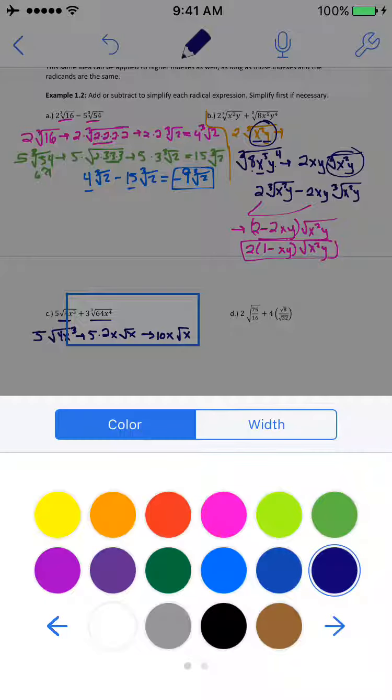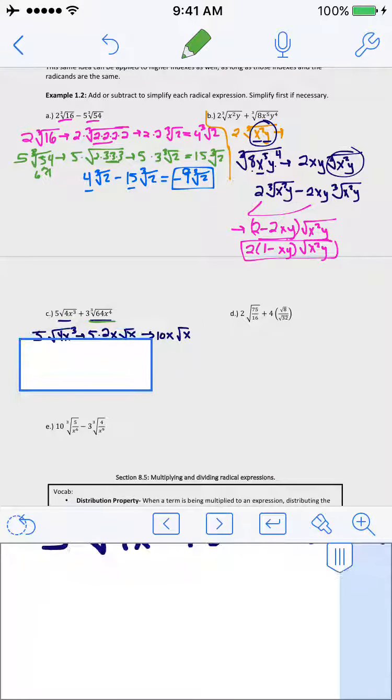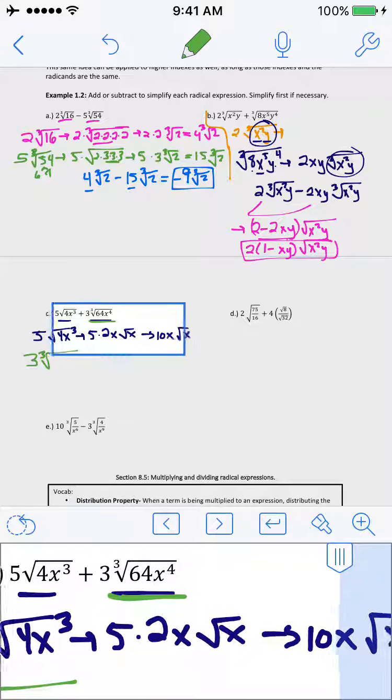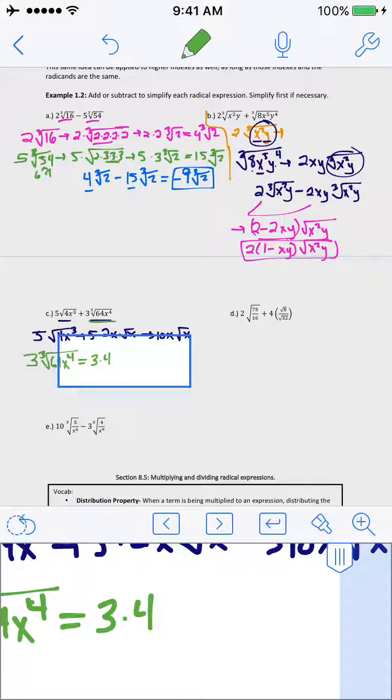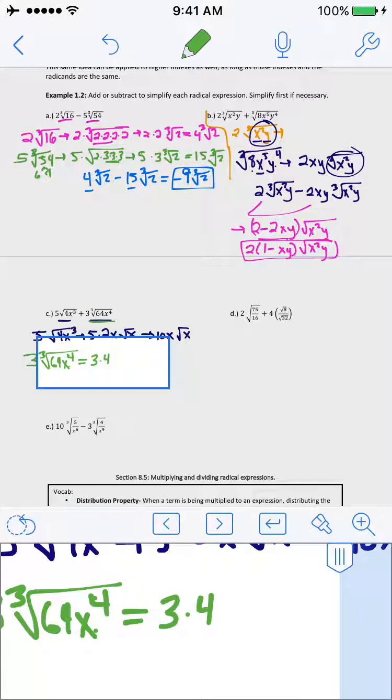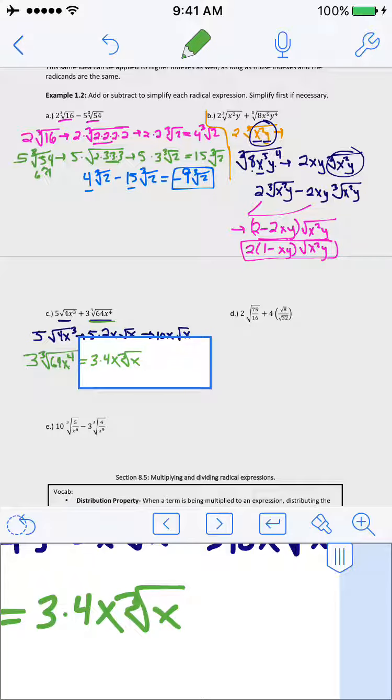The other one, I've got 3 cubed root of 64x to the 4th. The cubed root of 64 is going to be a 4. Because I also have a group of 3 x's I could take out, what's left over would be an x, cubed root of x. And I end up with 12x cubed root of x.